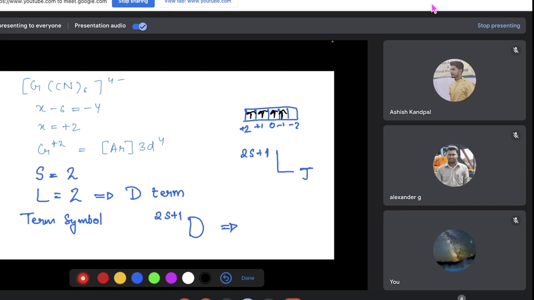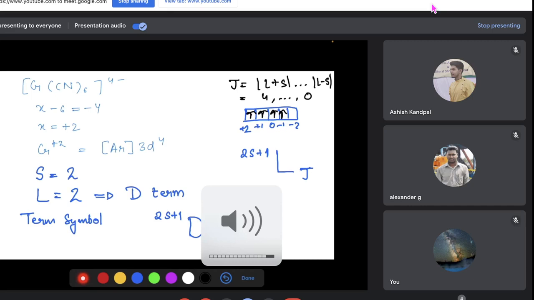So that will be 0 here, as J ranges from L plus S to L minus S. The L plus S value here is 4 and we have L minus S which is 0. So the lower value of J, that is 0, corresponds to the ground state term.